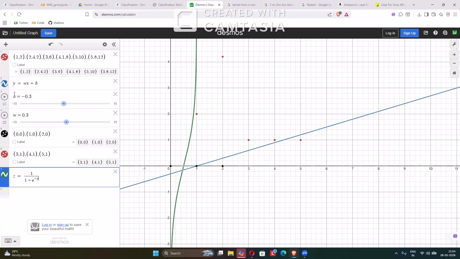So this y I am intending here is this equation, which I'm simply pasting over here.